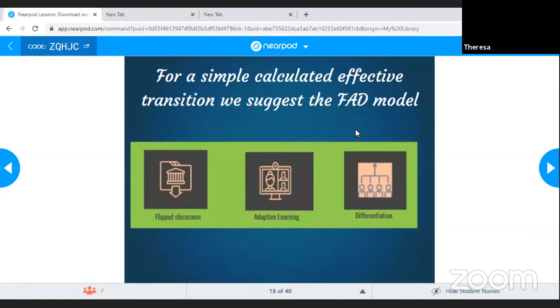So in order for us to now take what we have learned in the sessions and look at our own unique situations in our schools, what we are suggesting is a design that focuses on the flipped classroom, which includes adapted learning as well as differentiation. So our focus is going to be on this model this morning.